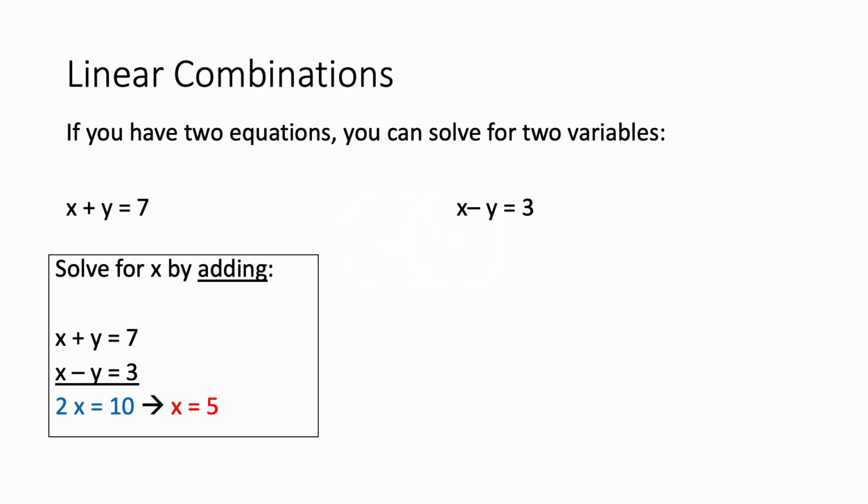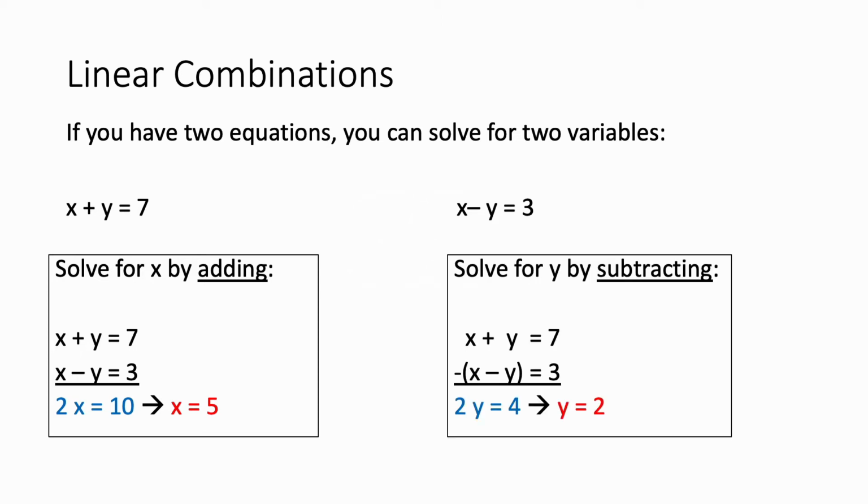First, you would add them, and that would give you the solution, in this case, for what x is. And then you would subtract one equation from the other, and that would give us the solution for y. Anytime you have two equations, you can get two solutions by basically combining them in different ways.